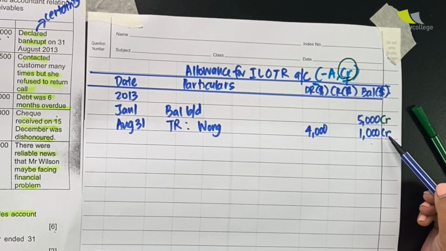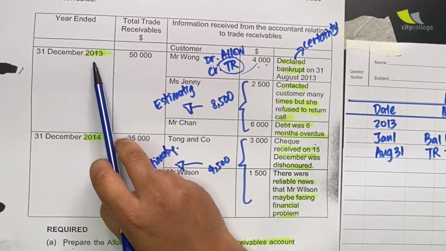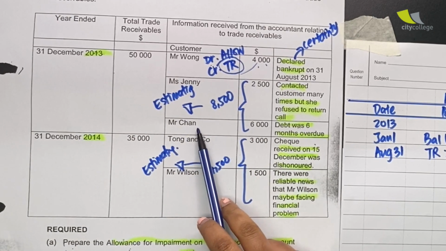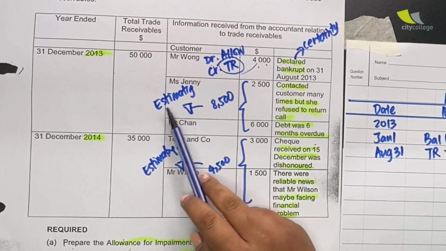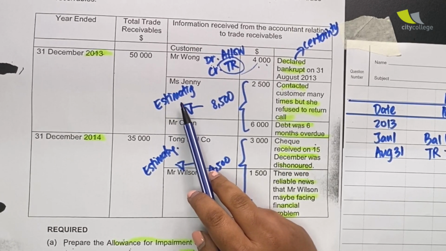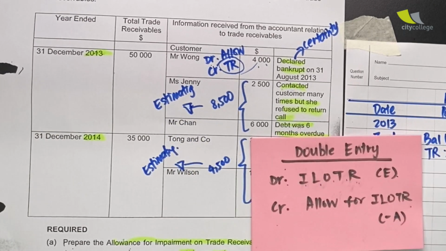Moving on to the remaining 2 figures within the year 2013. We have discussed that for Jenny and Chan, it is a case of us estimating that they are likely not to pay us back. What is the double entry for such a case? It is debit impairment loss on trade receivables and credit allowance for impairment loss on trade receivables.